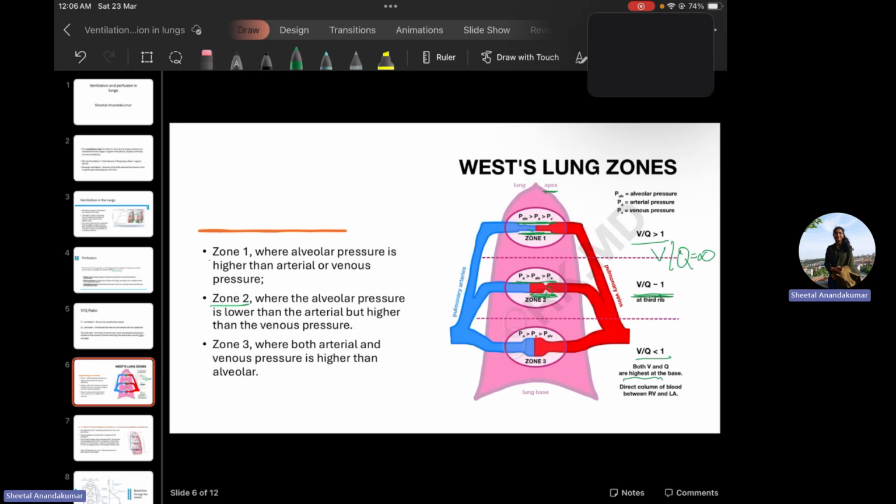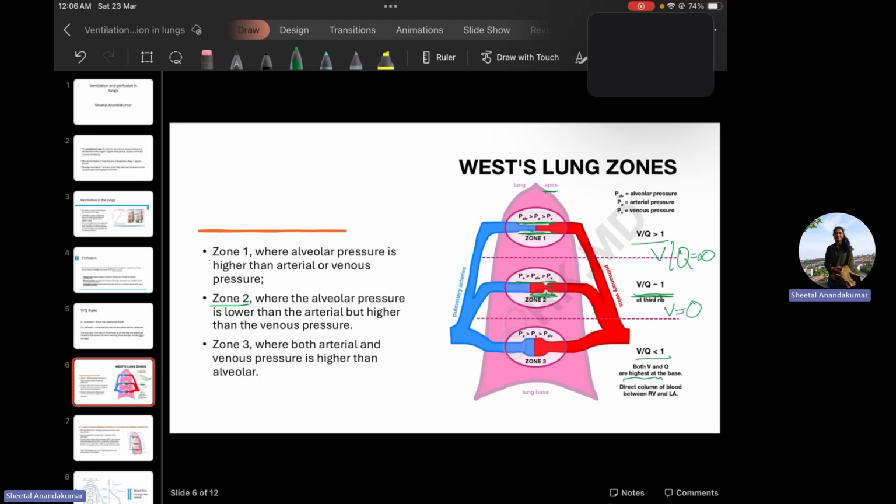That is nothing but the amount of air that has entered the alveoli for gas exchange being equal to the blood flow rate in that region.